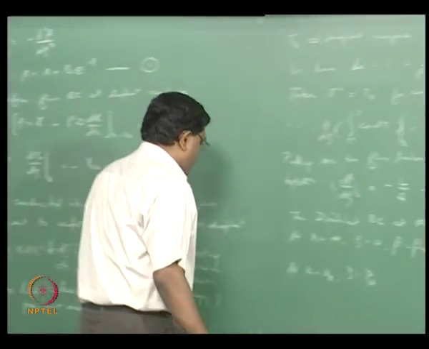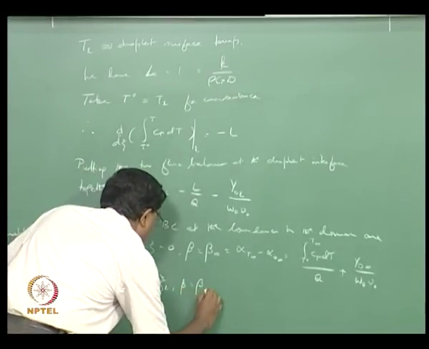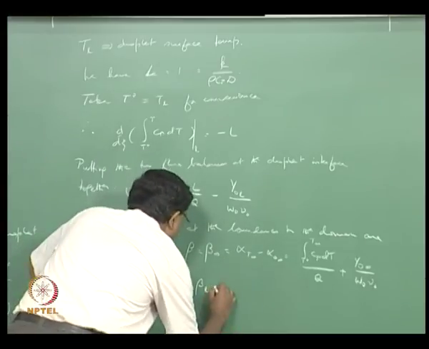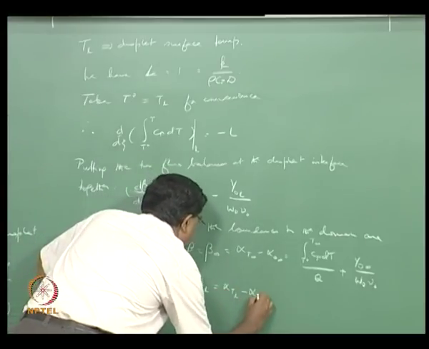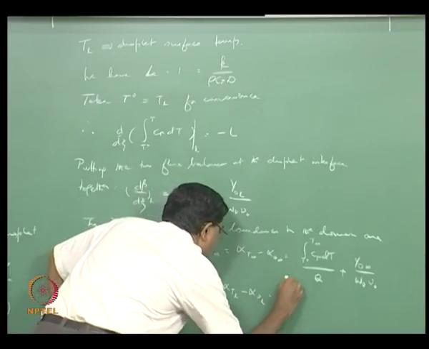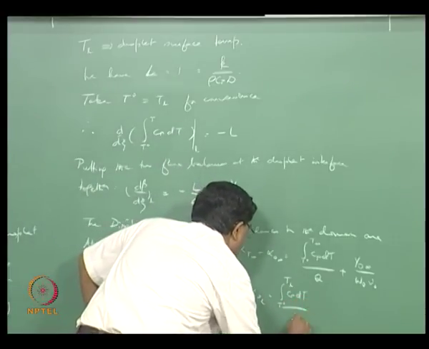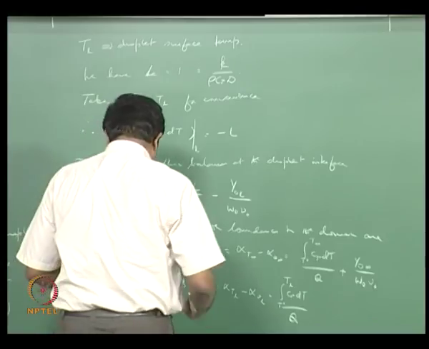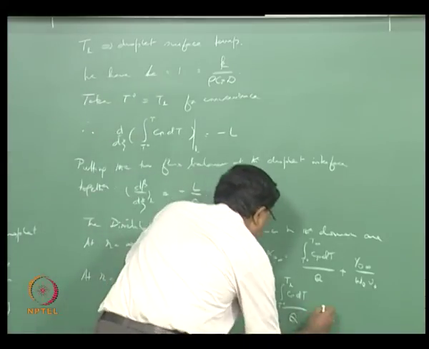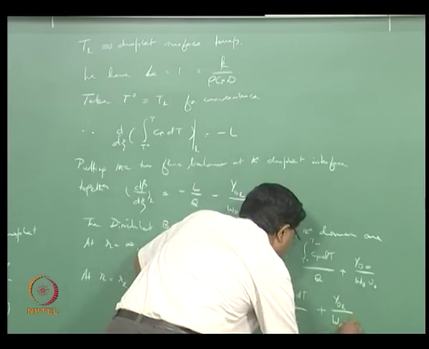And so psi L, and beta will have some value beta L, which is nothing but alpha T L minus alpha O L, which is the integral from T naught to T L of Cp dT divided by Q, plus YOL divided by WO nu O.